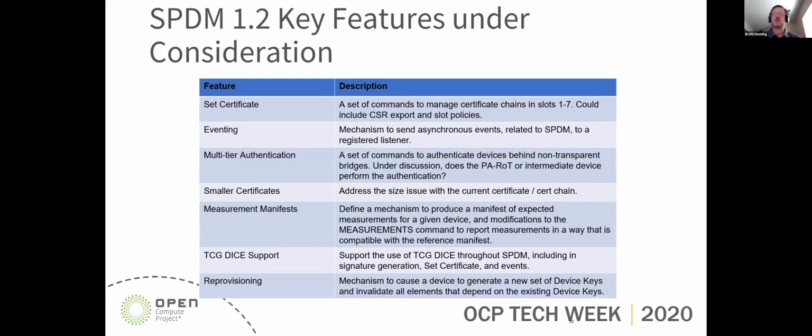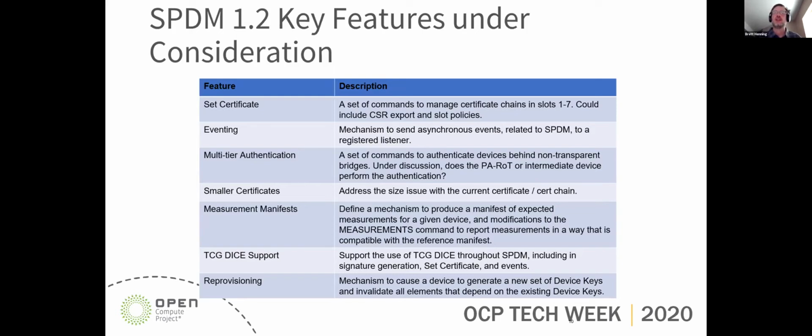So the goal of this command is to allow an endpoint to manage the certificates that are in the different slots. And when you go through the OCP attestation spec, you do see references to loading in additional certificates. Set certificate, if it's in 1.2, would play an important role in that.